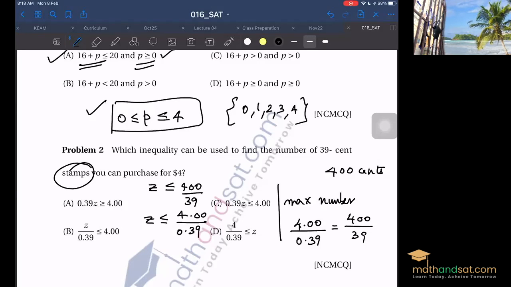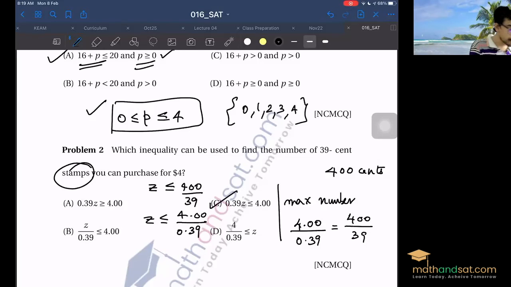Now you can see that the matching option is given in option C, sorry, not B. The matching option is given in option C.